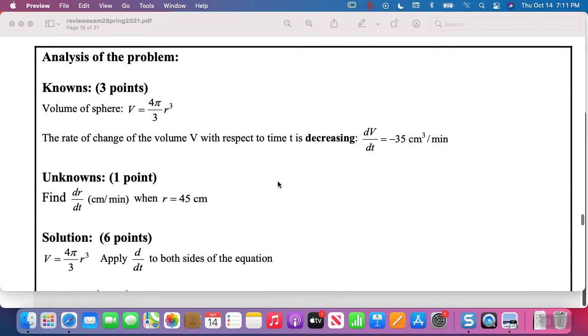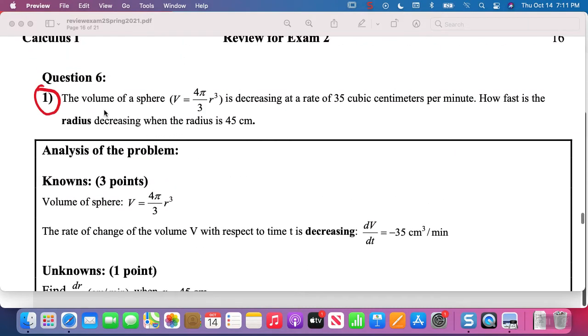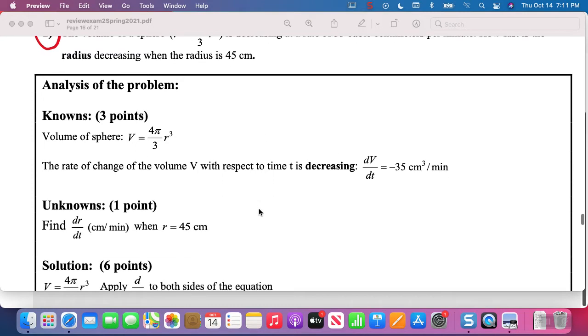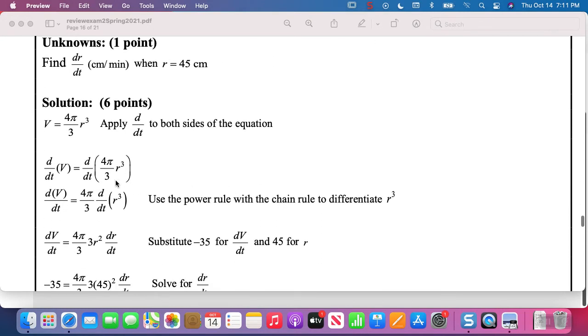The problem gives us the volume and the radius, the change in the volume, and asks for the change in radius. So there are two variables, volume and radius, and we need to connect them. They already give us the equation that connects them: V equals 4 pi over 3 times r to the third.